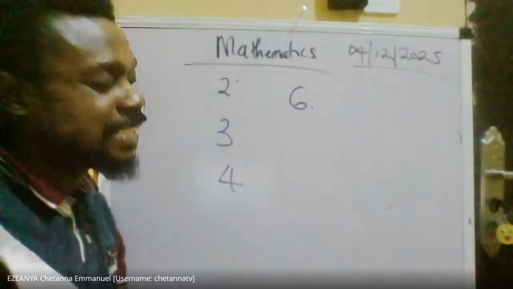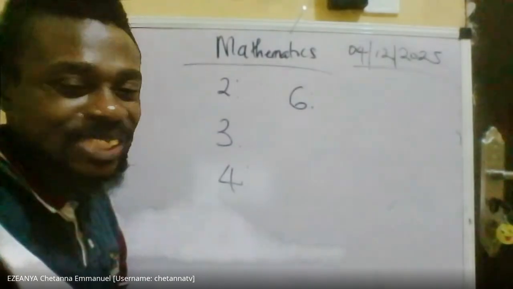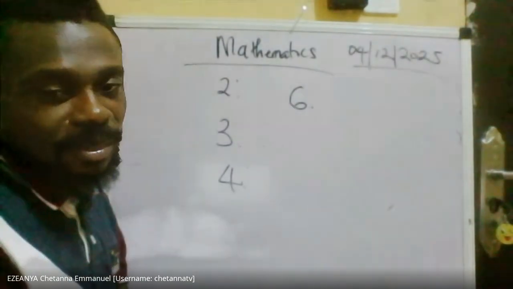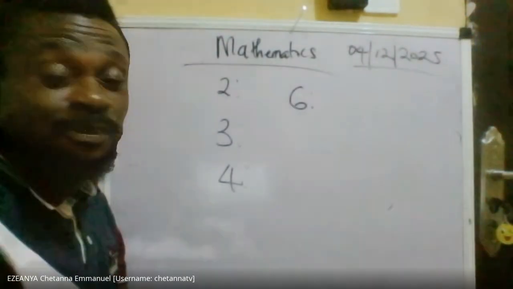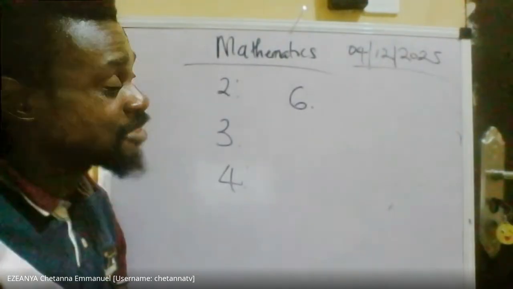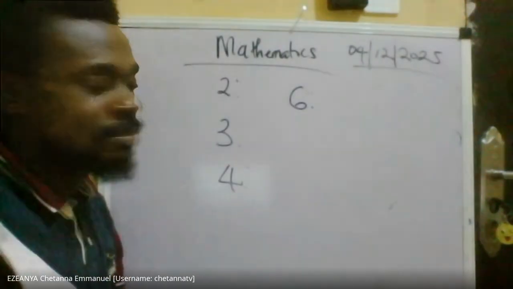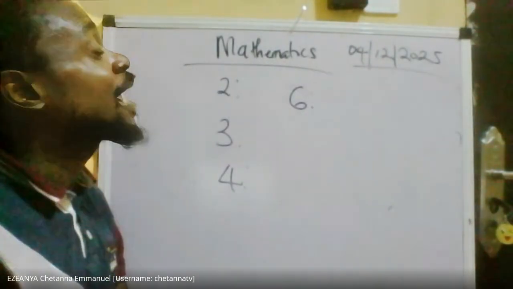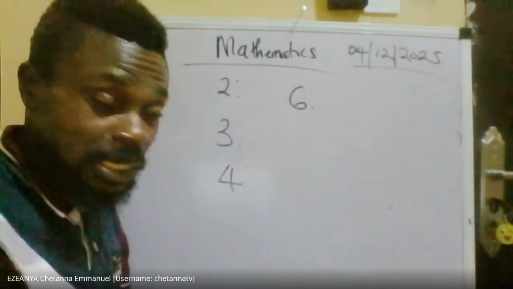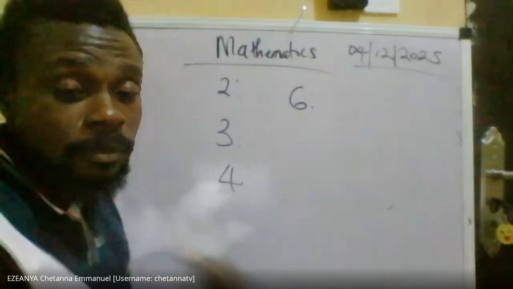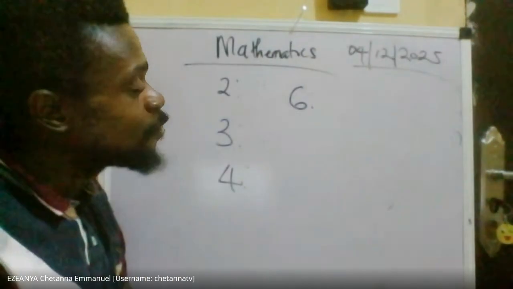That one is non-negotiable, because 2 and 3 are factors of 6. So that one is not negotiable.